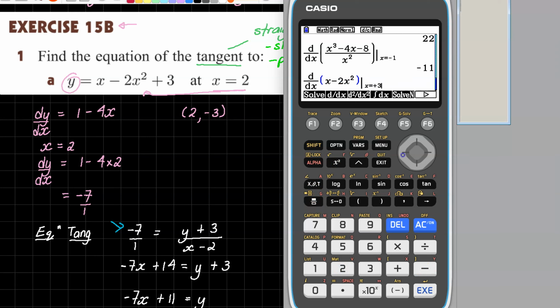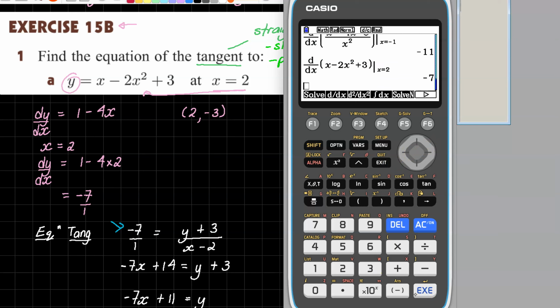Oops, that was a bit quick. So always look at what you're doing, not what I just did. Plus 3, and we want that number to be when x is 2. So do we get minus 7? Oh yes, because I've gone too fast. Plus 3.